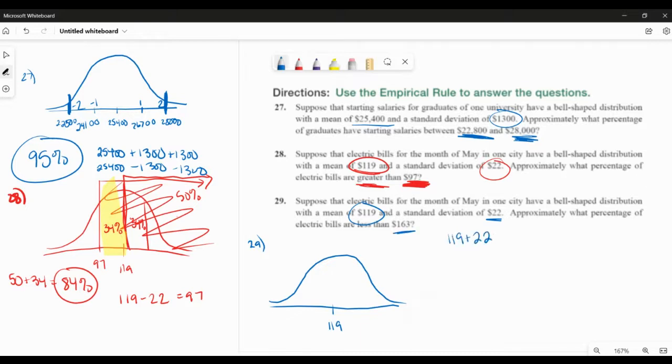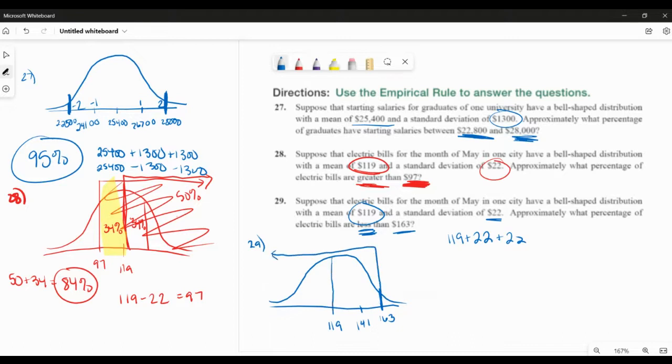So I'm going to add 22, and then I'm going to add 22 again. And I'm going to stop right there. Now I want to know less than that number. So that's the area to the left.